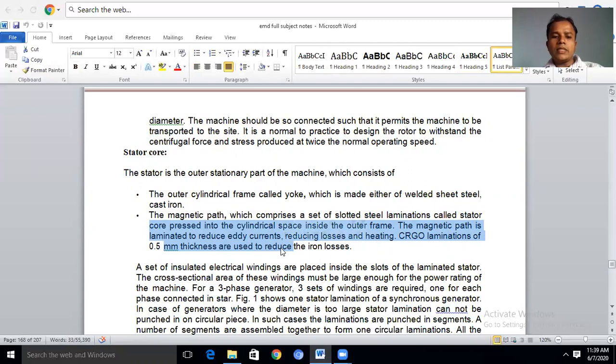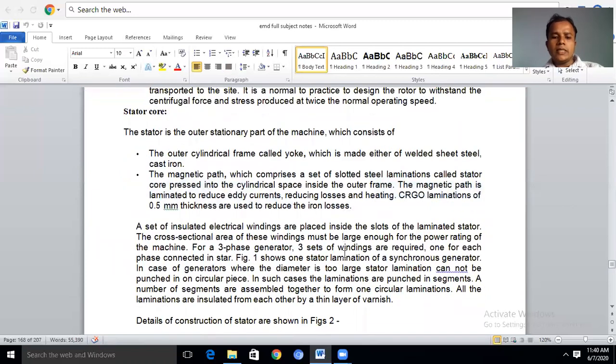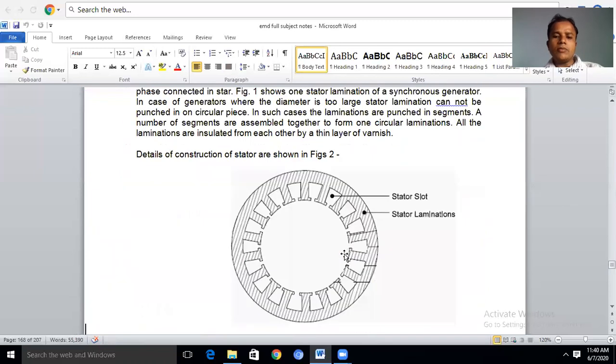The magnetic path is laminated to reduce eddy currents, reducing losses and heating. Here CRGO laminations of 0.5 mm thickness are used to reduce the iron losses. So this is a detailed construction of the stator core.